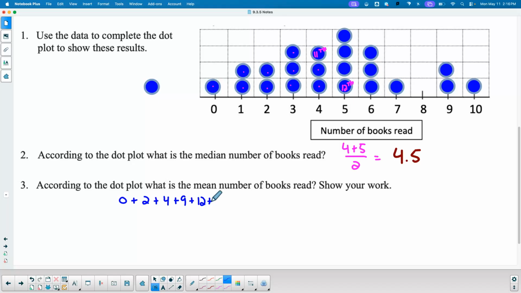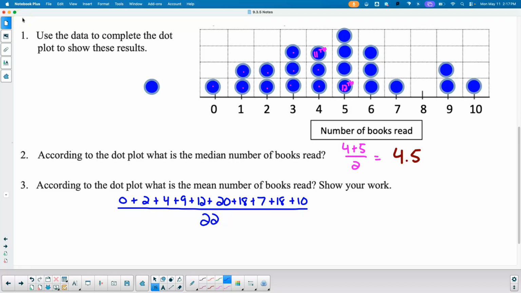In the 5's, there's 4, so that's 20. In the 6's, there's 3, so that's 18. In the 7's, there's 1, so that's 7. In the 9's, there's 2, so that's 18. And in the 10's, there's only 1, so that's just 10. And I got to divide all of that by 22, because there are 22 data points.